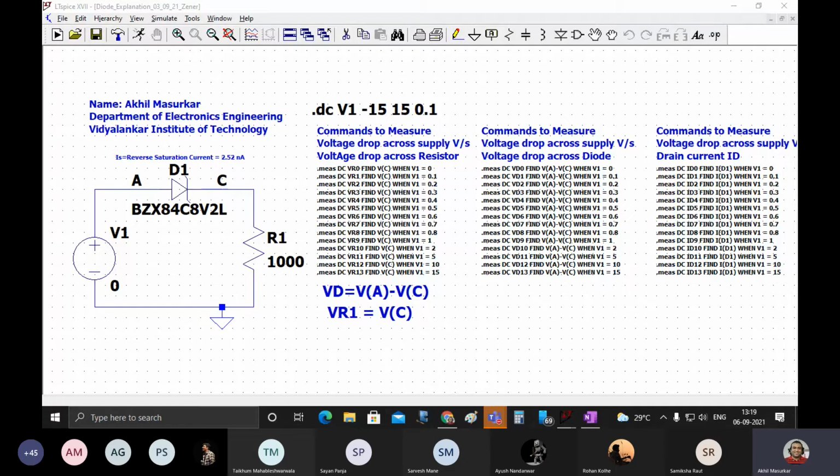So in a Zener diode, what is important is not forward bias, but reverse bias.